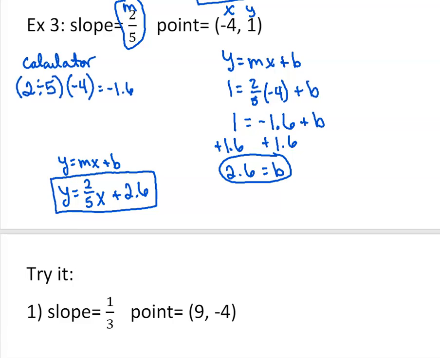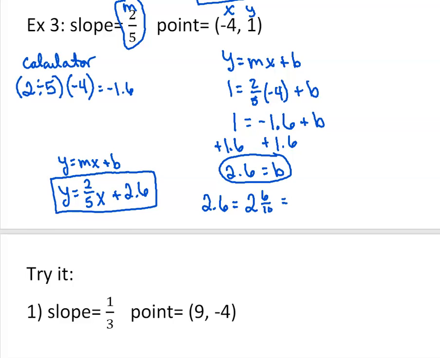Now, a lot of times your b value, guys, they'll leave as a decimal because it's easier to graph it that way. If they want you to put it as a fraction, you could make this into a fraction, but it's kind of unnecessary unless they ask you to. Just a reminder, if I wanted to make 2.6 a fraction, that is 2 and 6 over the place value the 6 is in, which is 10.